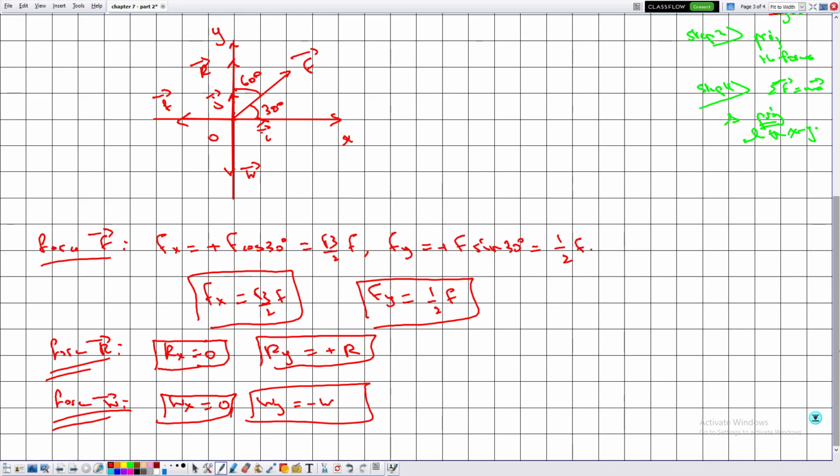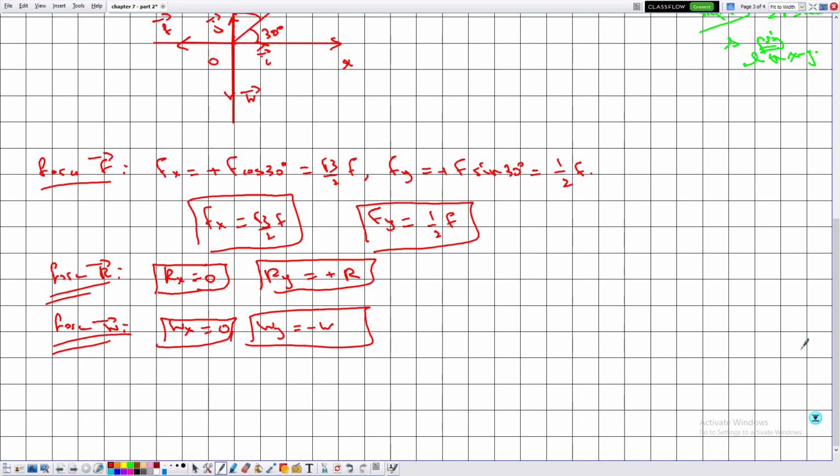And now as for the force of friction, it's completely lying on the x-axis in the opposite direction, so Fx is minus f, and Fy is simply 0. Okay.